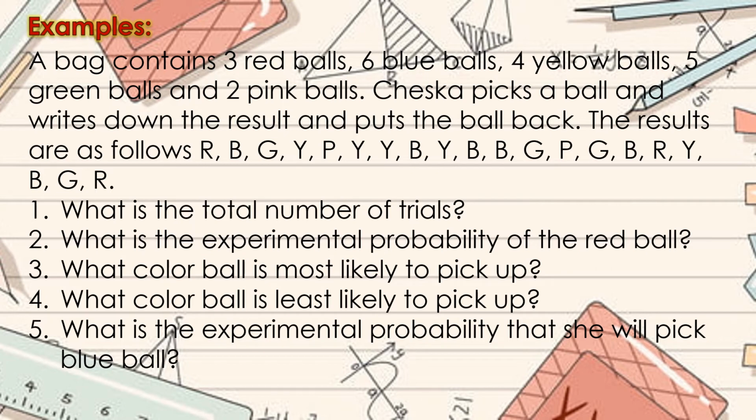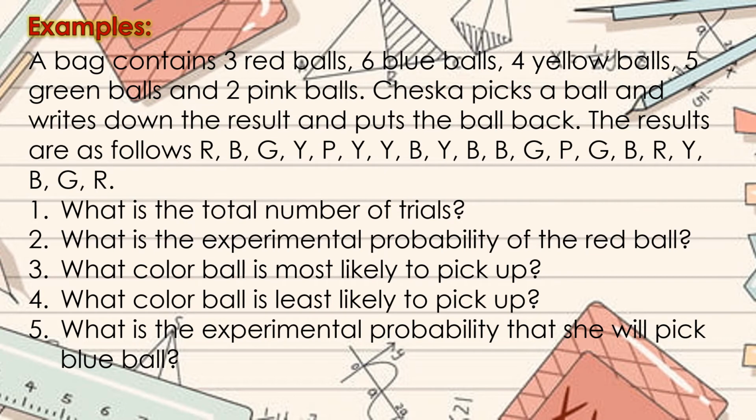Tapos, ni-random niya ulit. Inikot-ikot. At ang nakuha niya namang kulay ay blue. Binalik ulit yung bola. Hinalo-halo. Pagkabunot niya, ang nakuha niya naman ay green. Binalik ang bola. Hinalo-halo. Ang nakuha niya naman ay yellow. Pink, yellow, yellow, and so on and so forth, hanggang makarating tayo kay red.